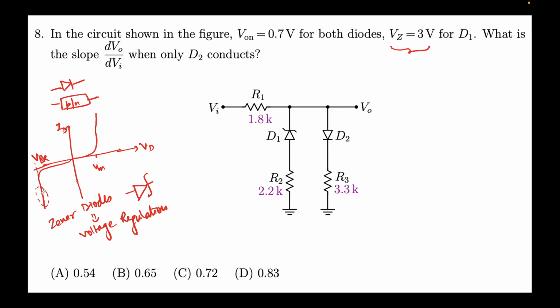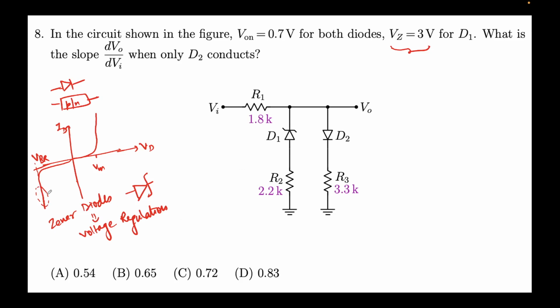However, sometimes we want to regulate the voltage. Let's say we want this voltage to be fixed, we do not want it to move beyond a certain extent. For instance, in some application you want your voltage to vary only between 4.8 and 5.2 volts. In that case, you'll design such a circuit, and if you use Zener diodes, when they conduct in reverse direction, they'll fix their voltage.